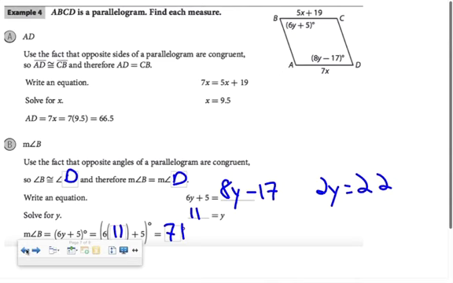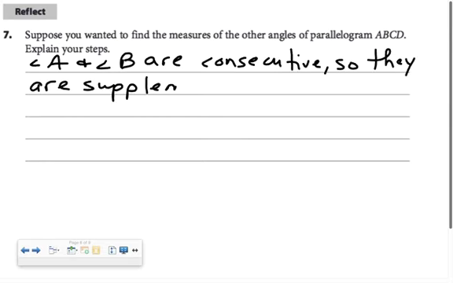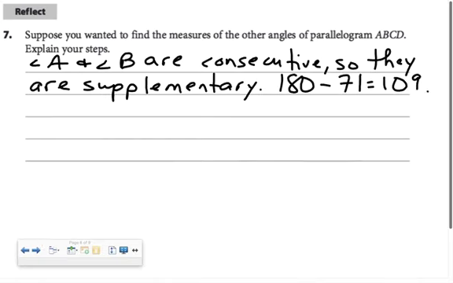Well, if I already know that angles B and D are 71, angles A and C have to be supplementary to that because angle A is a consecutive angle to angle B. So they're supplementary. 180 minus 71 equals 109.